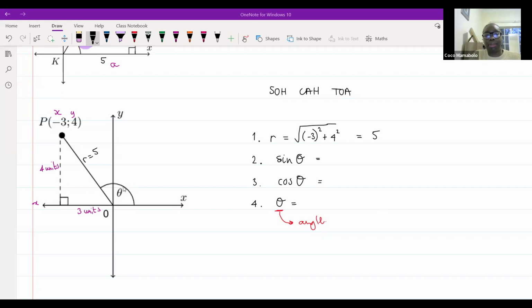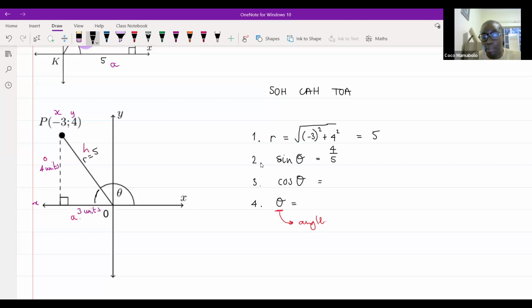Now, if they ask us for sine of theta, I've got all of them. I know that this is my angle, so I'm going to use this inside angle as my reference angle, because I need to use the angle inside the triangle. This is going to be my adjacent side, that is my opposite side, and this is my hypotenuse. Sine of theta is opposite, which is 4, over hypotenuse, which is 5. So 4 over 5.